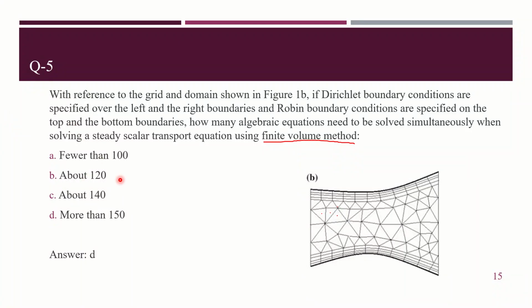Option B, about 120, again false. Option C, about 140, again false. Option D, more than 150, which is true because the number of equations we are solving is more than 150. We are getting around 160 plus. So we are roughly saying 150, as there might be some calculation or counting errors.